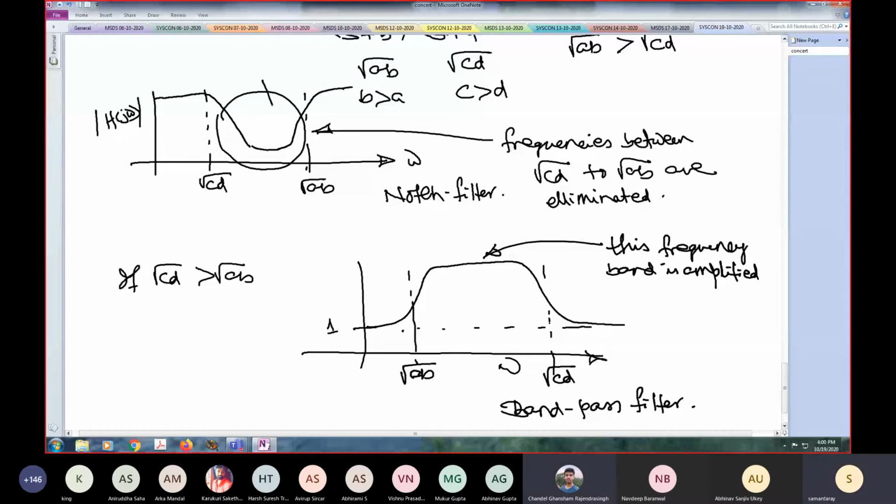See, this is square root CD, square root AB, but there is a ratio of C by D and a ratio of A by B. The magnitude is decided by the ratio. Square root AB and square root CD are just the break frequencies. So this one alone would have been like this, and this one alone is like this.